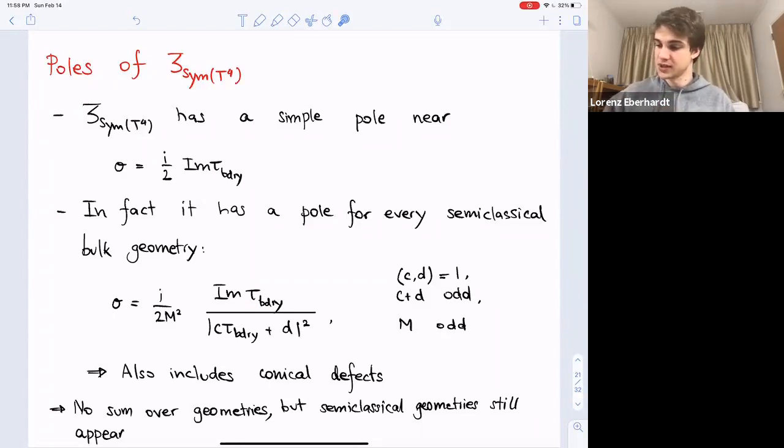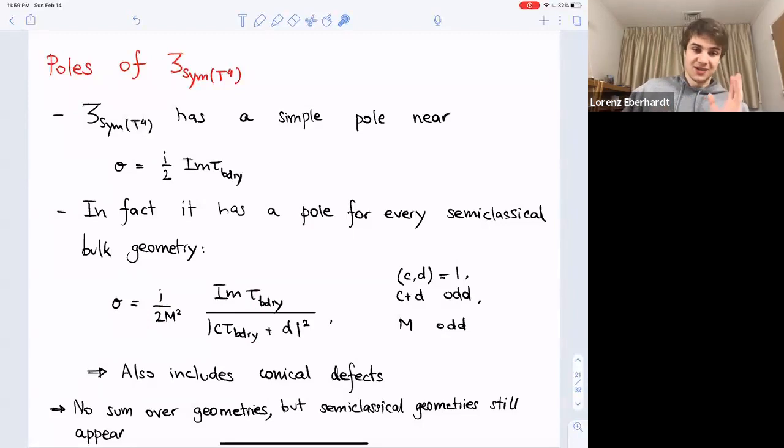You can interpret these as coming from the SL(2,Z) family of Euclidean black holes labeled by C D, and the M on top of it labels the conical defect angle. For every such combination, you get a pole. And this odd business and so on comes from some spin structures that are involved.